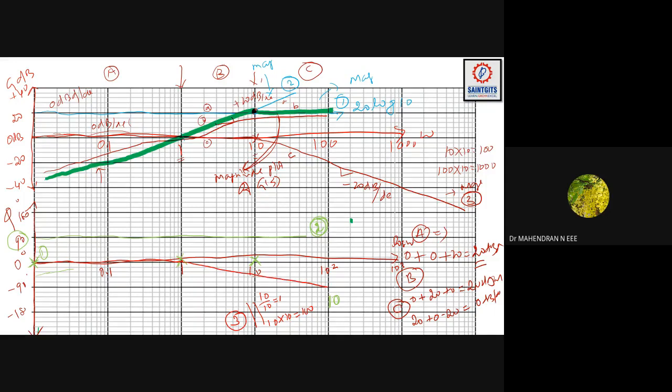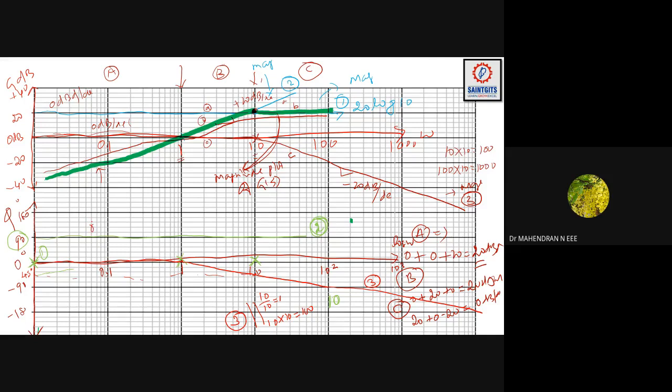If you take a curve like this, you see that it is crossing the next frequency at an angle of approximately 45 degree. So this is the curve, the phase plot for the third term.